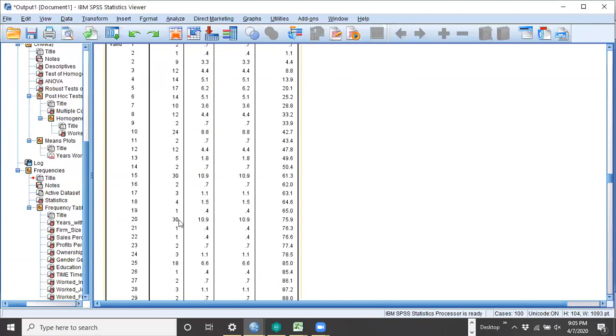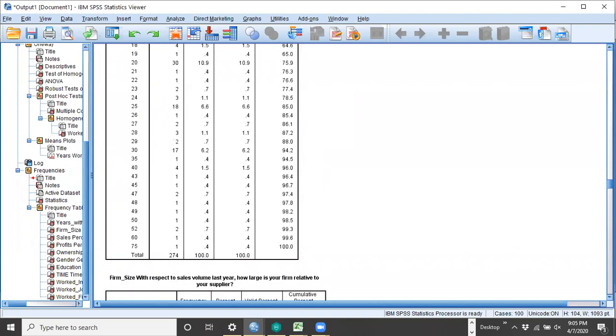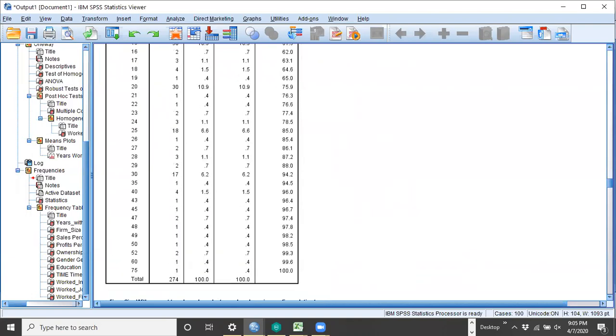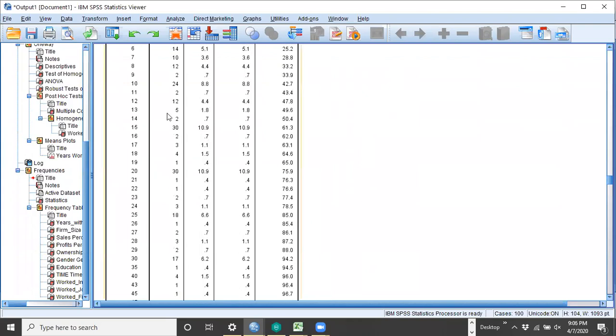You can also see 20 years has 30 observations, so 20 is also a mode. So these are the two top observations. So multimodal, actually bimodal to be more specific. There are two modes, one at 15, one at 20.